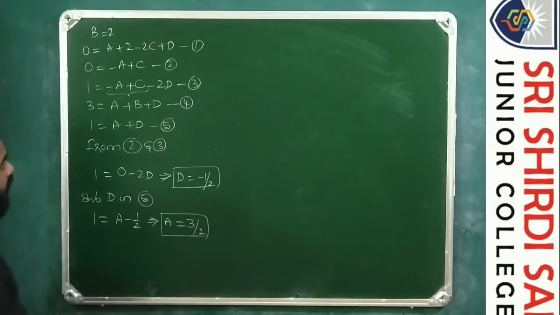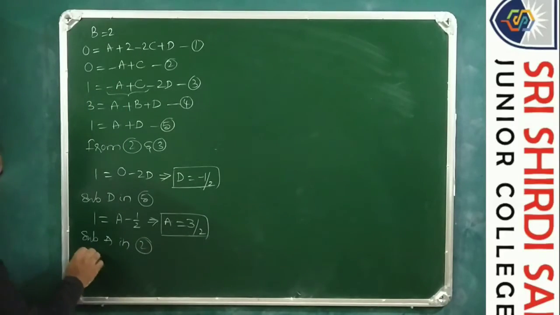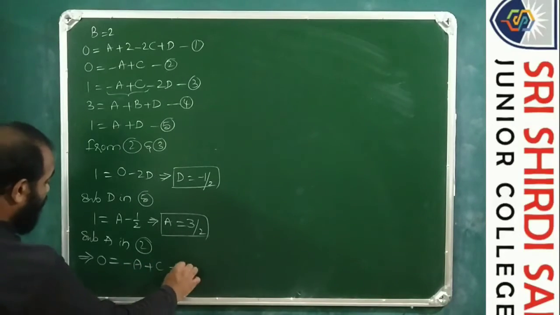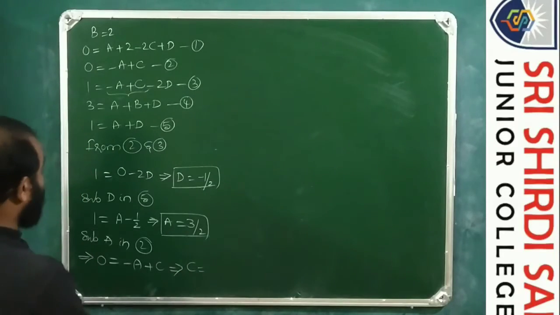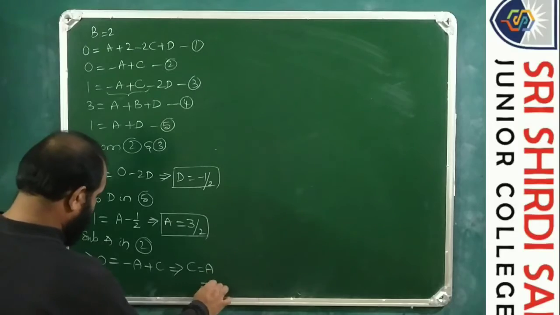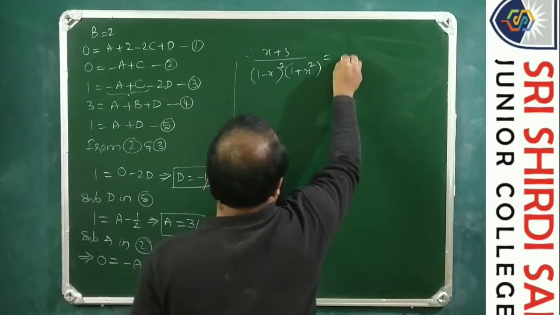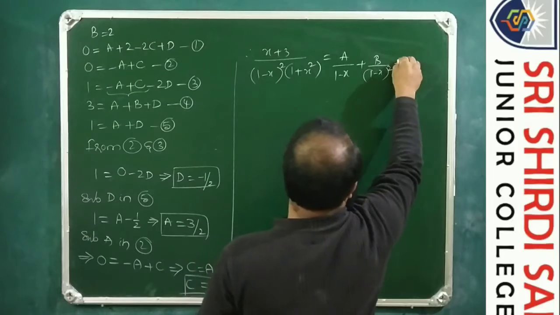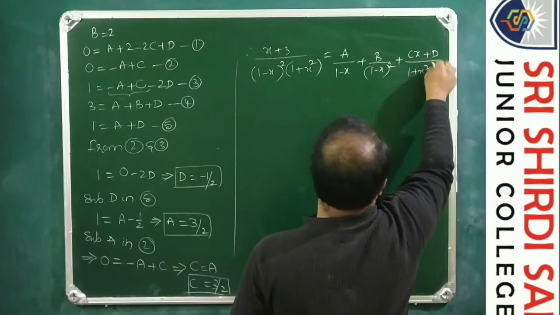Now substituting a in the second equation, we get 0 is equal to minus a plus c. From this, c is equal to a. So c is equal to 3 by 2. We have taken this to be a by (1 minus x) plus b by (1 minus x) whole square plus (cx plus d) by (1 plus x square).